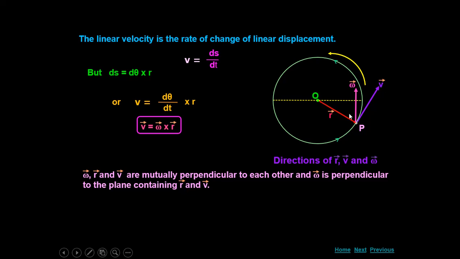It can be called the radius of the circle or the position vector of particle p. So v and r are in one plane, the xy plane. The axis perpendicular to that xy plane is the z axis. So angular velocity will be acting along the z axis, which is perpendicular to the plane in which the r and v vectors are there.